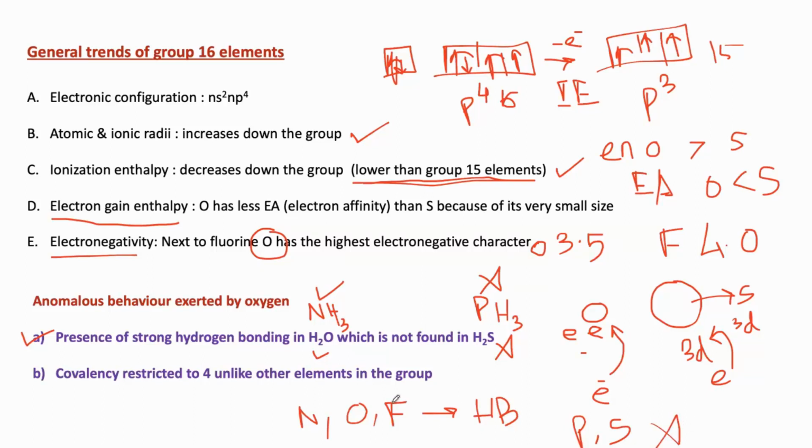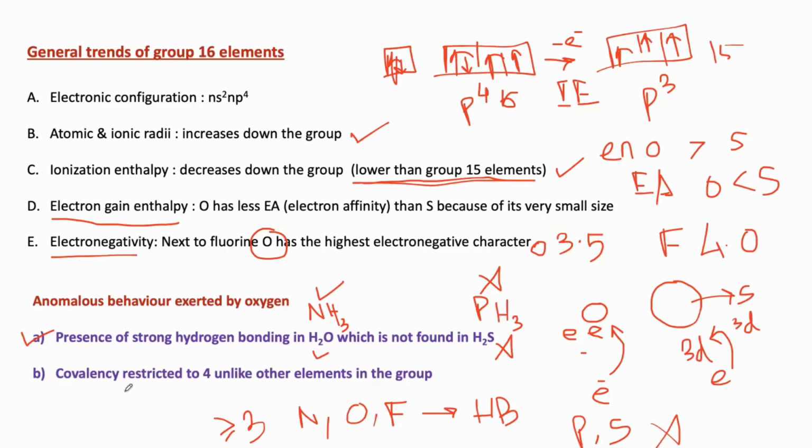But in the case of nitrogen, oxygen, and fluorine, their size is compact, they are smaller in size, and they have such high electronegativity, all greater than or equal to 3 on the Pauling scale. So just like the NH3 and PH3 comparison, the H2O versus H2S comparison falls under the same category. NH3 has a higher melting point and boiling point than PH3, and H2O also has a higher melting point and boiling point than H2S.